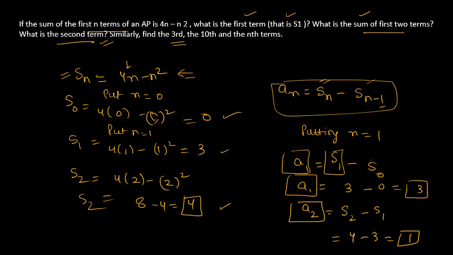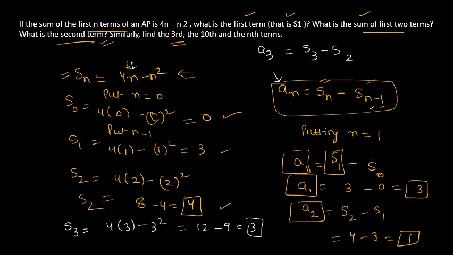Now you have to find out the third term. So what will be your third term? It is a3 is equal to S3 minus S(3 minus 1), which is S2. Correct? So how will you find S3? Just substitute n as 3 here. So 4 3s are 12 minus 3 3s are 9, that is 3. This is your S3.